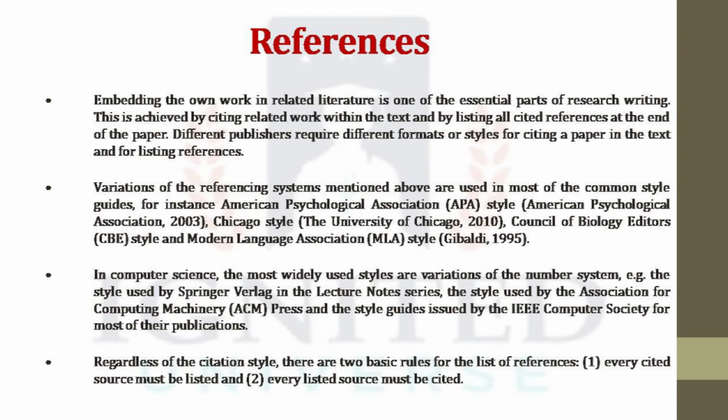So these are the three topmost publishers of computer science: ACM, Springer-Verlag, and IEEE Computer Society.